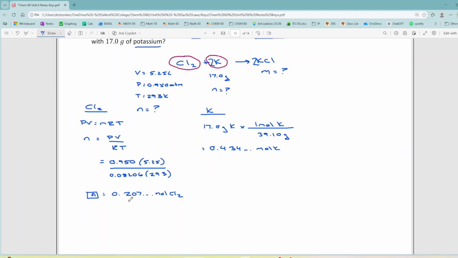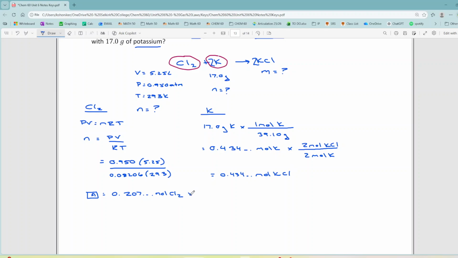But I've come to a place where I'm like, you know what? Let's just find how many moles of potassium chloride it produces, because that's the one thing that I have to do anyway. So for example, here, I know that 2 moles of potassium will produce 2 moles of potassium chloride. So this would produce 0.434 moles of potassium chloride.